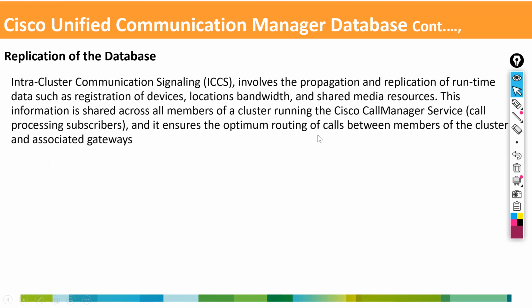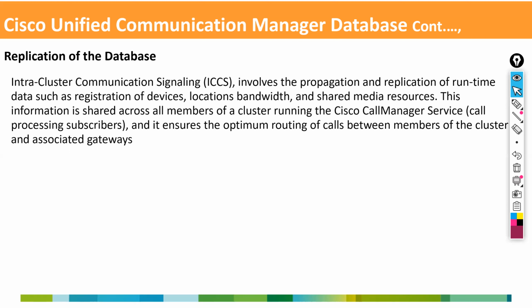Replication of database. To replicate the database, it uses the ICCS protocol, intra-cluster communication signaling. Replication happens using this protocol, and this is a TCP protocol. Protocols come under either UDP or TCP, and ICCS comes under TCP.